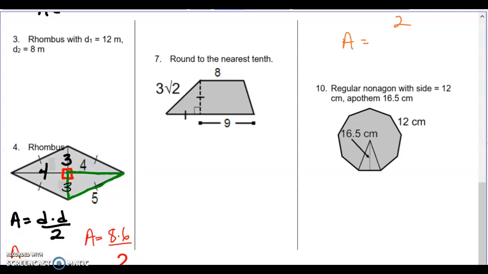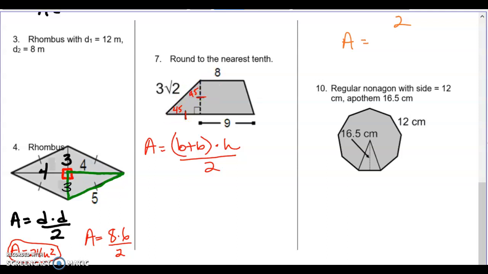Alrighty. Let's see. There we go. Okay. So area 24. So the next example that we have here is another trapezoid. So we need base plus base times the height divided by 2. Now on this one, it's very similar to that last one that we did, except this one, because these pieces here are equal, this would be a 45-45 triangle.